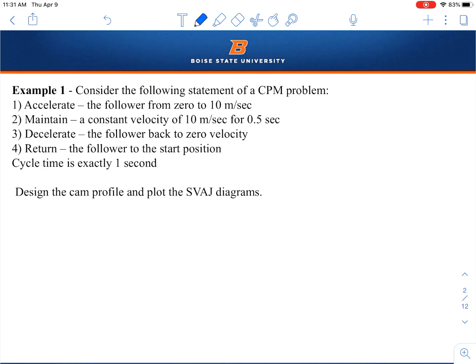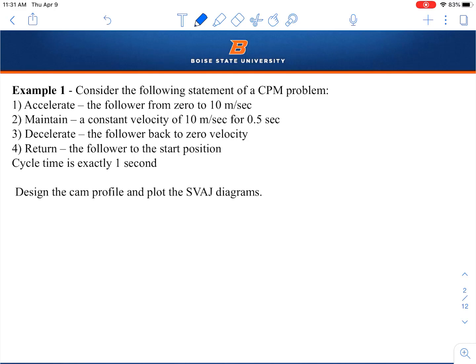The second one is, let's maintain this constant velocity for 0.5 seconds, and then go back to 0 velocity, and then the follower goes to the stop position.